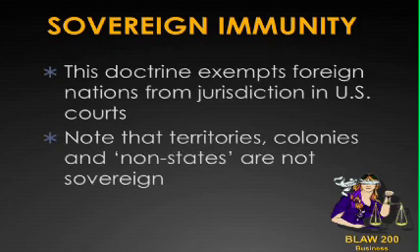So our courts cannot drag in the foreign countries for their own acts as a government. Okay, now there may be contractual things, there may be claims against them for torts and that sort of thing. Those are some other issues, but in general, we recognize sovereign nations as not subject to the court.